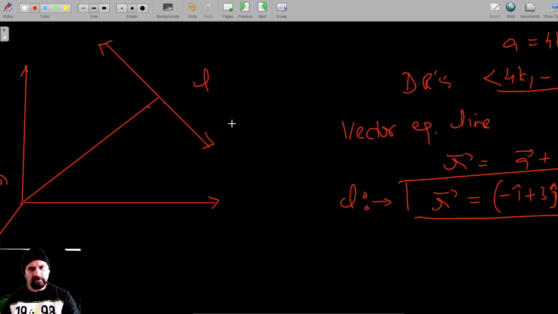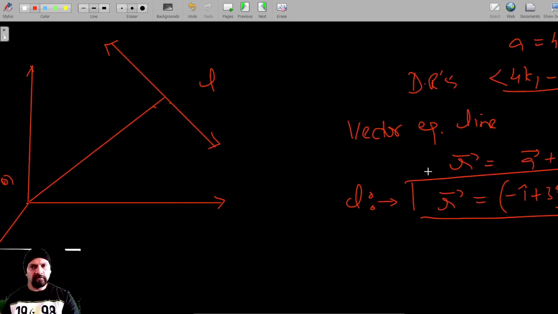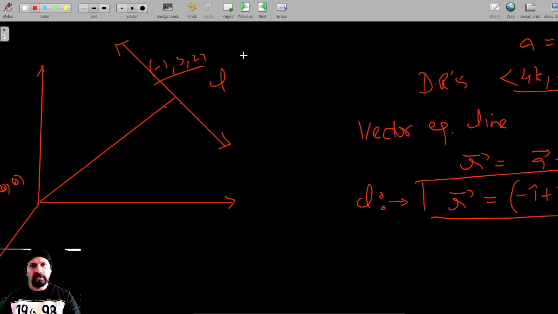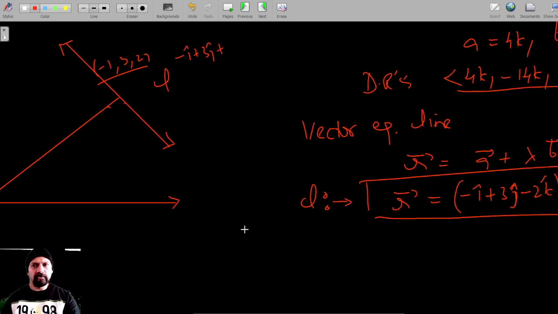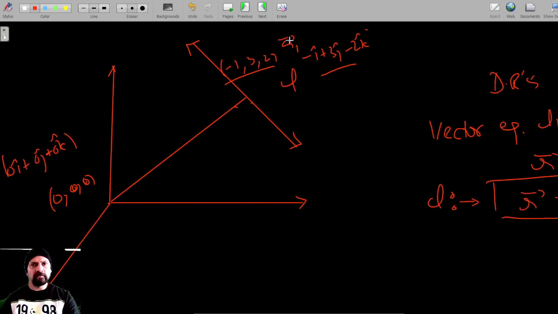So the distance from the origin would be the distance between any two points that we take on line L. Line L is passing through minus 1, 3, minus 2, and its position vector is minus i cap plus 3j cap minus 2k cap. And the position vector of the origin is 0i plus 0j plus 0k cap. Let's say this is a2 vector and this is a1 vector.